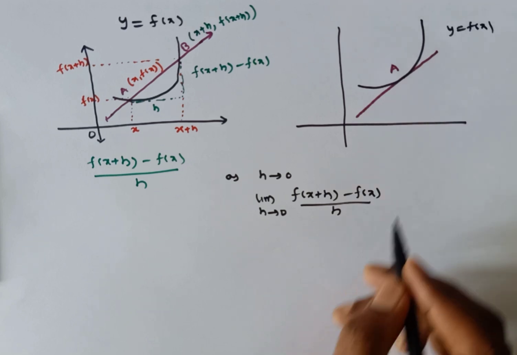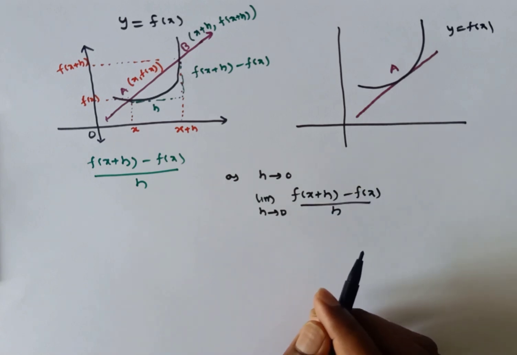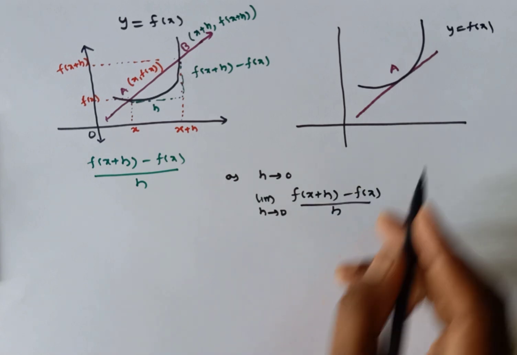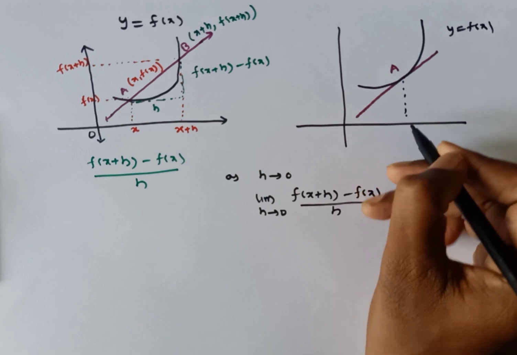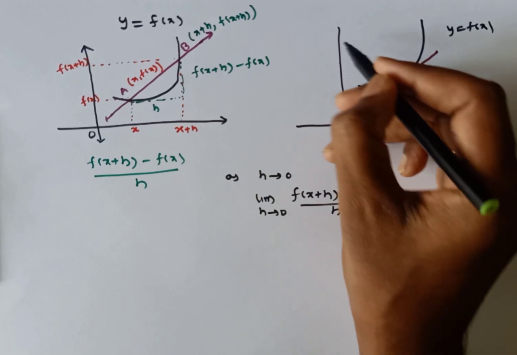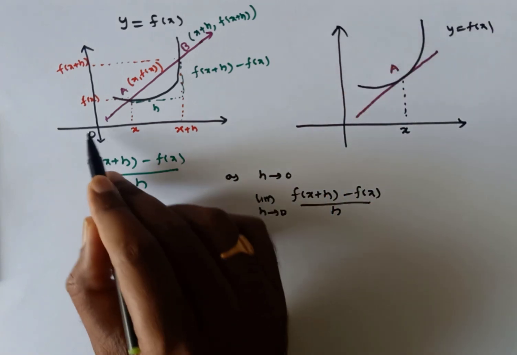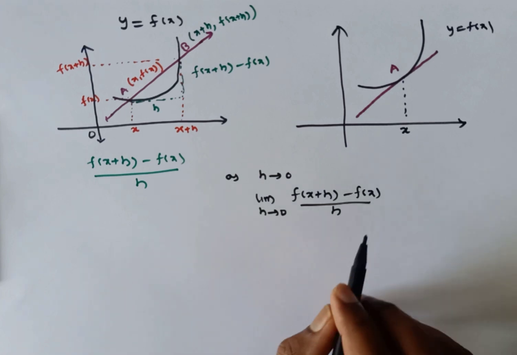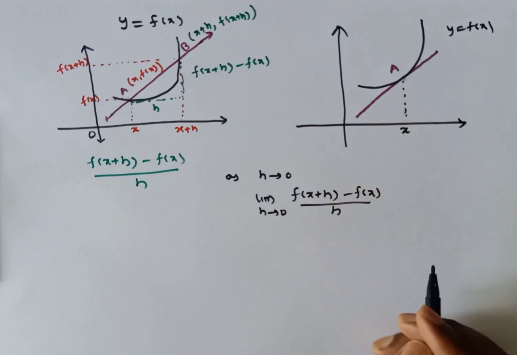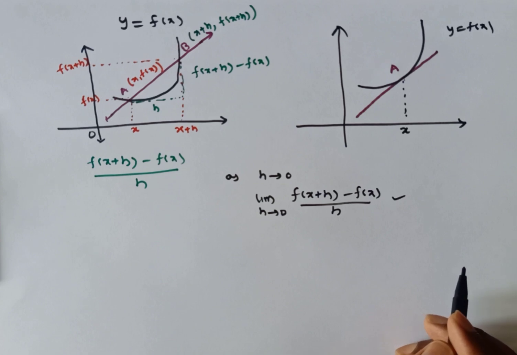So the derivative is nothing but the tangent to the curve y equals f of x at a particular point. Here x is any point on the x axis. As h goes to 0, this chord AB becomes the tangent at A. So this is called the rate of change, or the derivative of f.